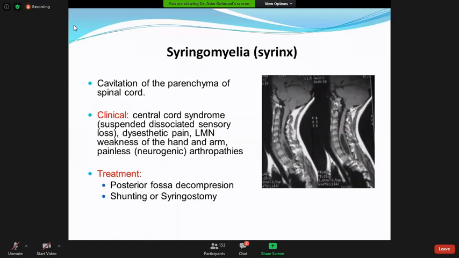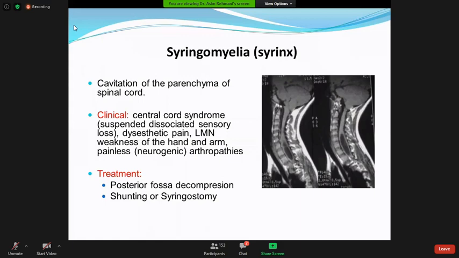That means the sensory modalities are suspended at the level of the syrinx, and some modalities are involved while others are not involved. That is called dissociated sensory loss. Mainly pain and temperature are involved due to the location of the tracts, while other modalities remain uninvolved.